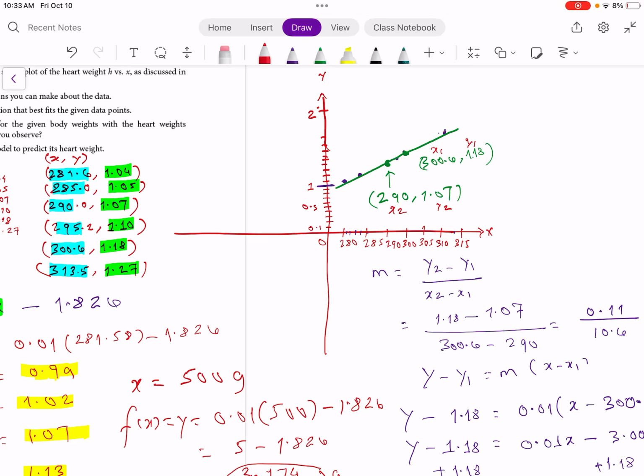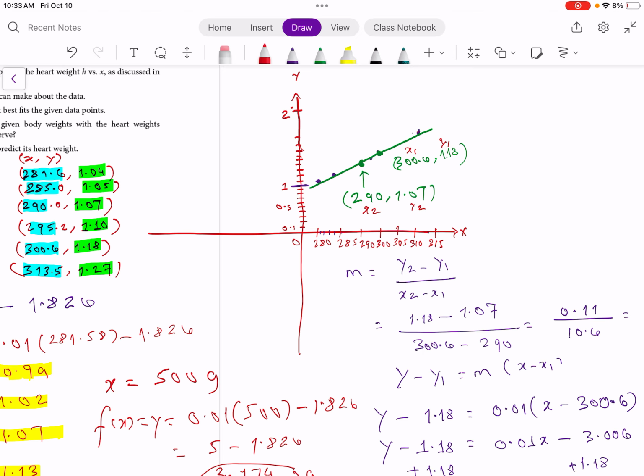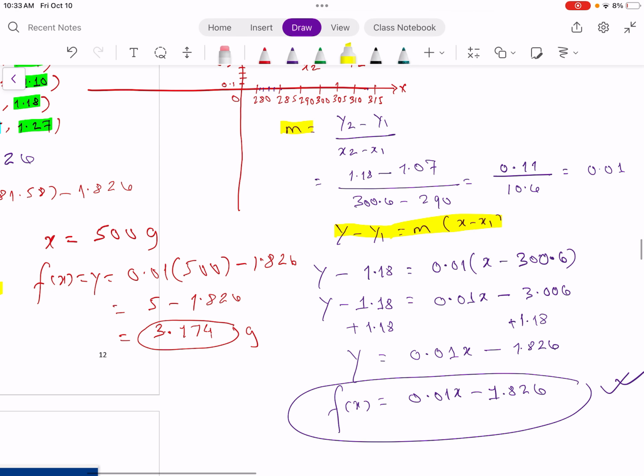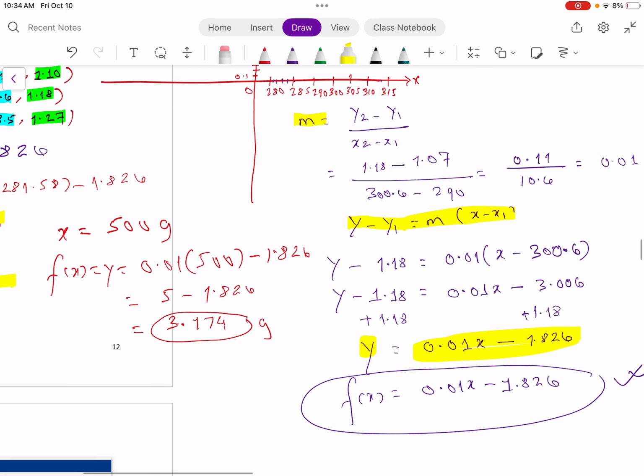So we draw a straight line in such a way that the distance of each point from the straight line is very minimum. Once we have a straight line, we take any 2 points on the line, we find the slope, we use a point slope form, and once we solve for y, we get our linear function, and using this linear function we can make a prediction.